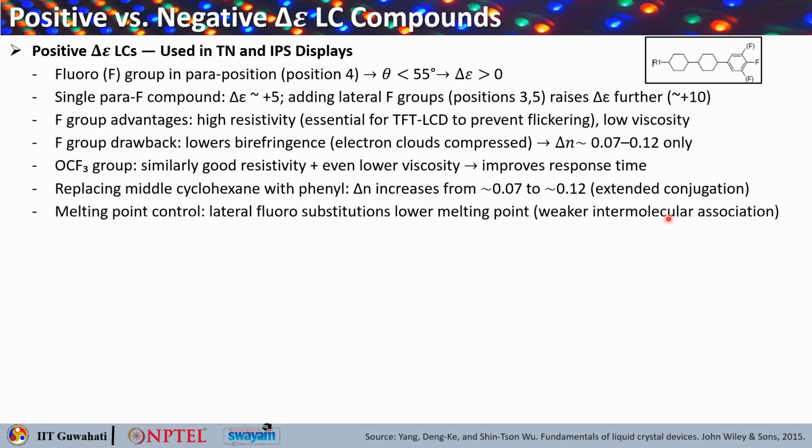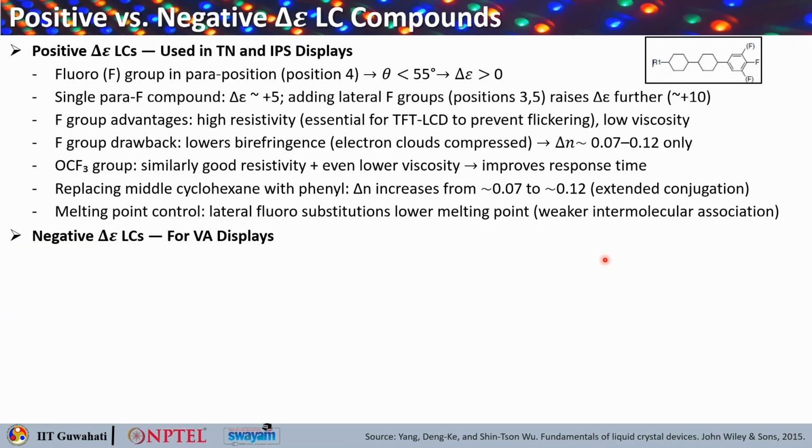So, that is like extended conjugation. You can also achieve melting point control, where the lateral fluoro substitutions lower the melting point. That basically means the intermolecular association is getting weak.